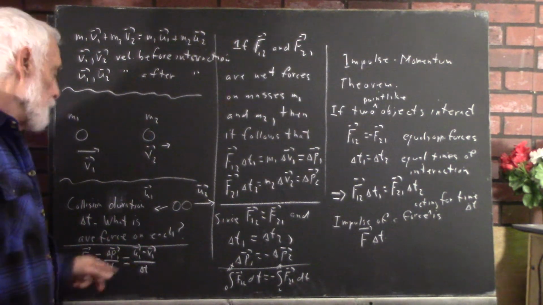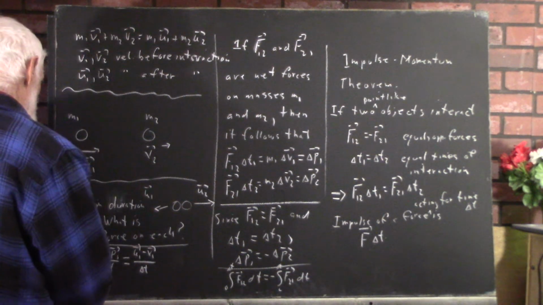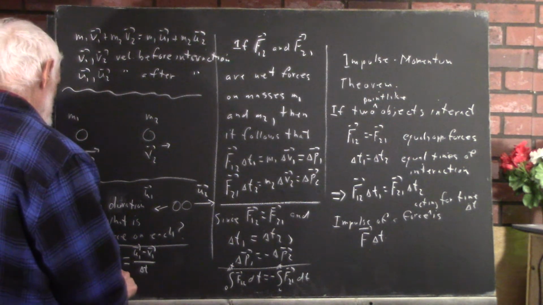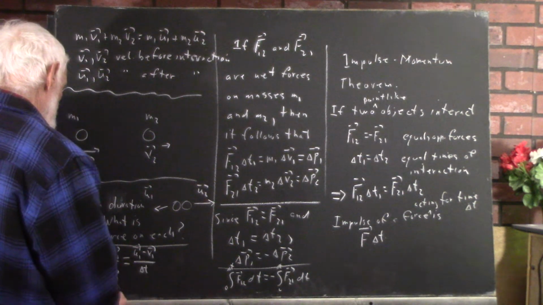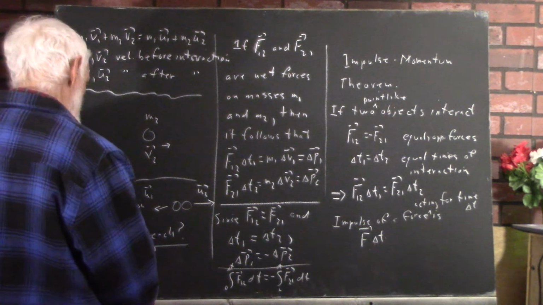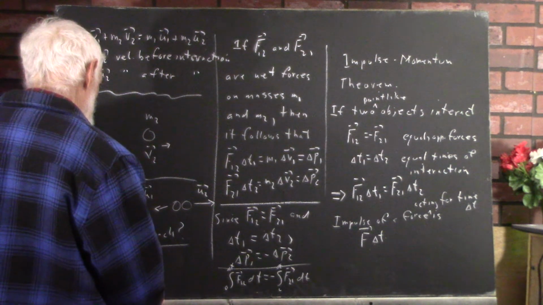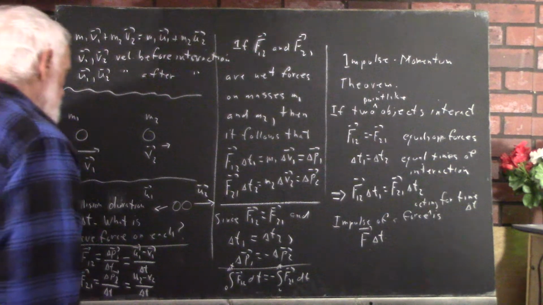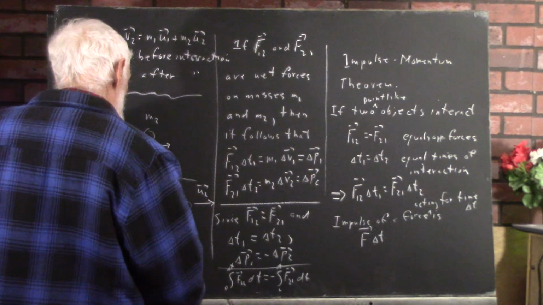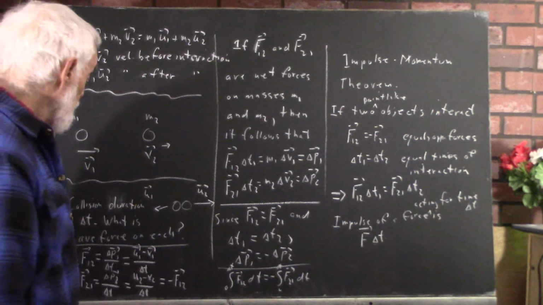So if you know U1 and v1 and the duration of the collision, you can easily find the force. I'll do a numerical example in a minute. And then similarly, F21 is going to be delta P2 over delta t, which equals U2 minus v2 over delta t, and this is going to equal negative F12, so that this and this should be equal and opposite.